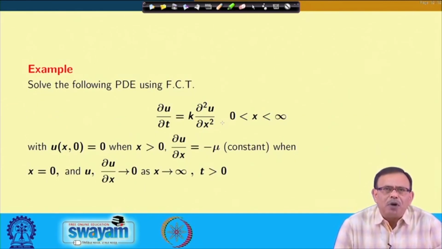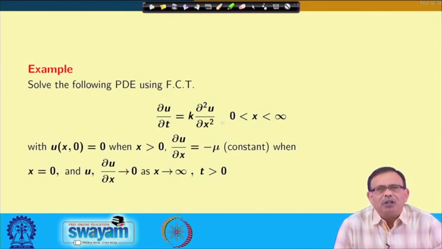I want to solve this problem: del u del t equals k del 2 u del x square, with u(x,0) equals 0 when x is greater than 0, del u del x equals minus mu, which is a constant, when x equals 0, and u and del u del x approach 0 as x approaches infinity.